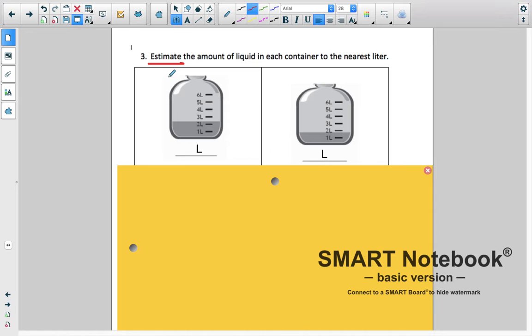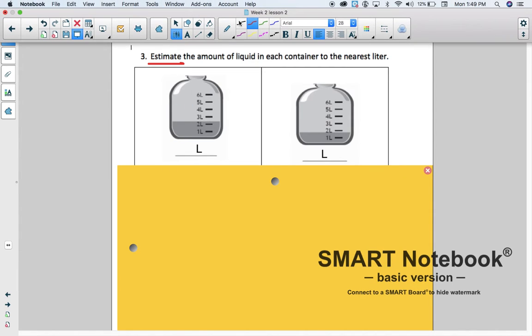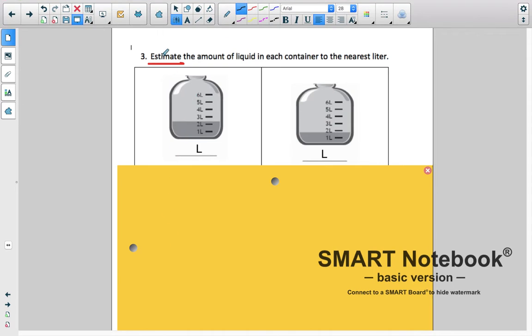All right, number 3 says estimate the amount of liquid in each container to the nearest liter. So I underlined that word estimate because we want to figure out about how much water is in each container. So we're going to look at the dark shaded part because that's our water or liquid.